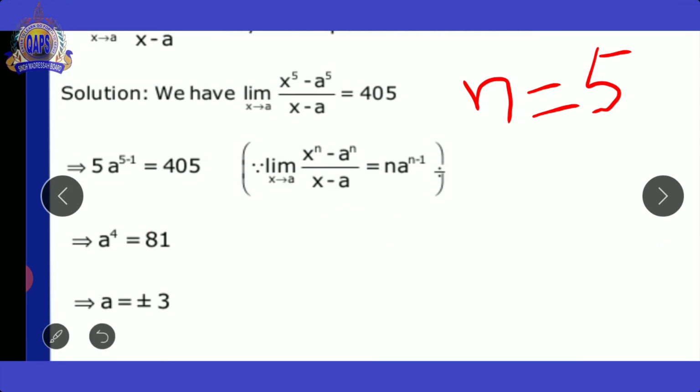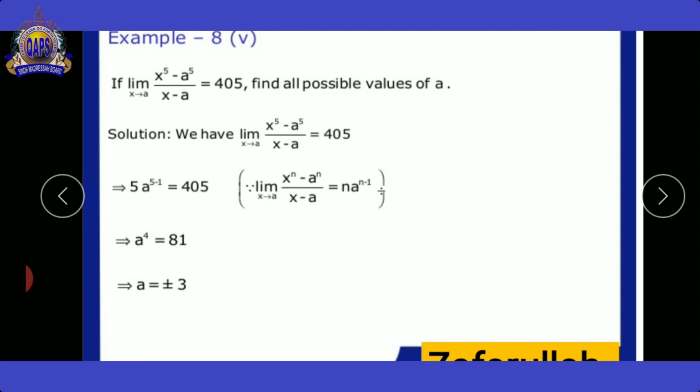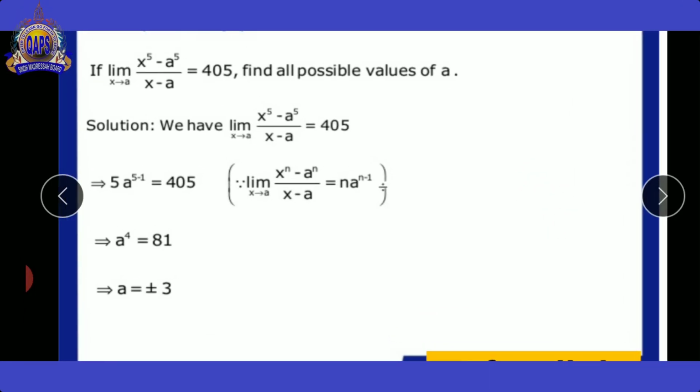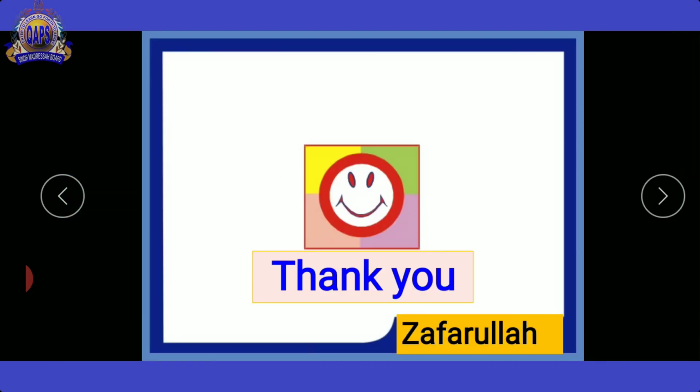Now same here, in these situations our limit problems are solved from example number 1 to example number 8, part 1 to 5. Inshallah, hopefully we will discuss other examples or other problems of limits. So Allah Hafiz and Assalamu alaikum.